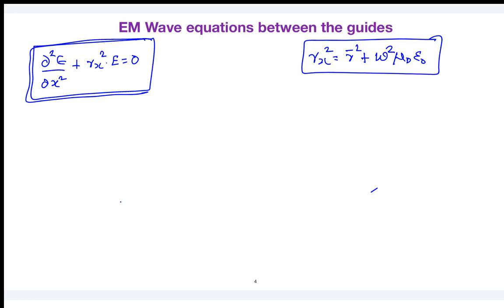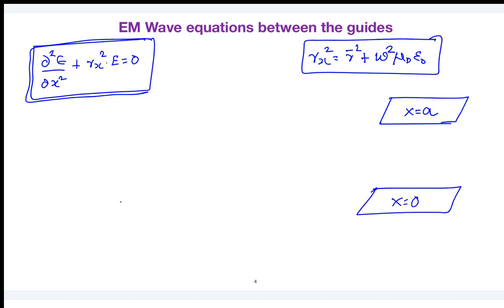Take some time and tell me what is the solution for electric field intensity you are going to get. Once you are done with that, let me know. Tell me what values you are getting.